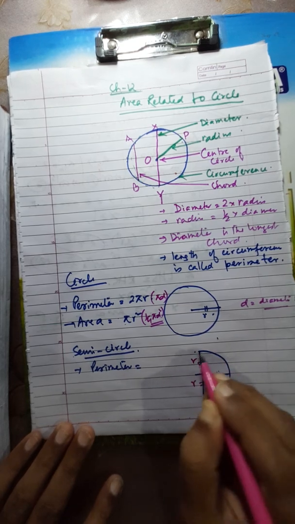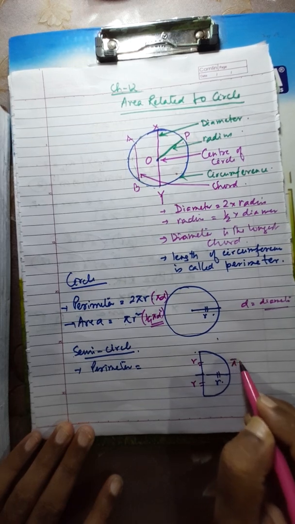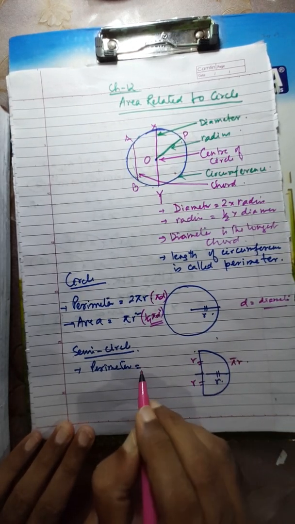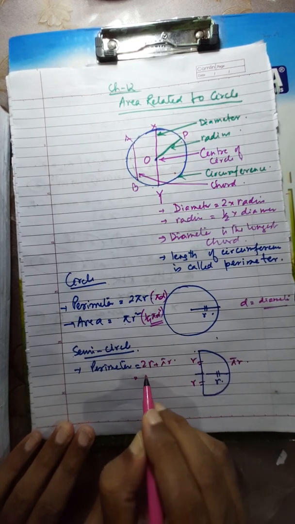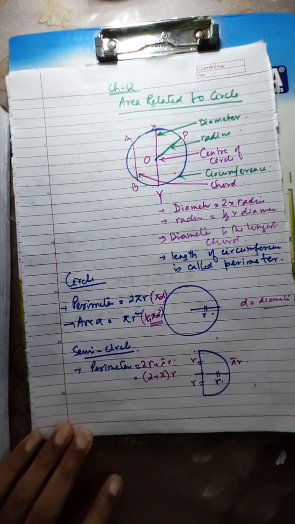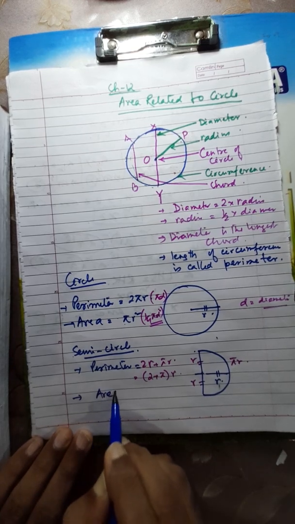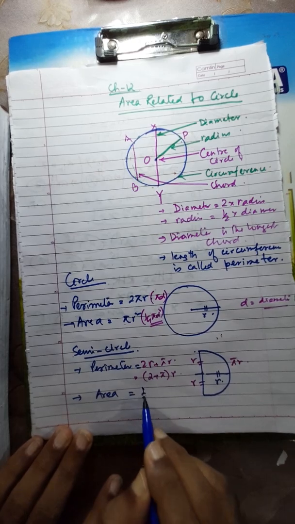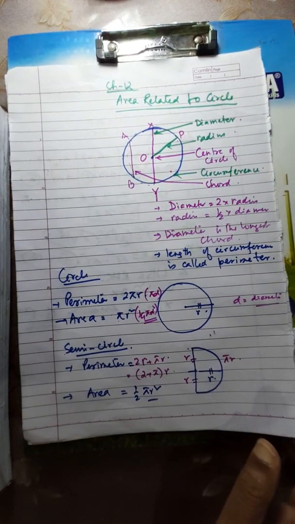Perimeter means the length of the boundary, and the full circle is twice pi r, so this is pi r. So what will we get? Twice r plus pi r, or we can take r common: 2 plus pi into r. And the area of the semicircle is half of the circle, so half pi r square. This is the area of the semicircle.